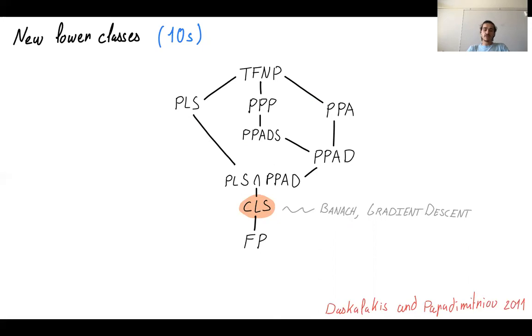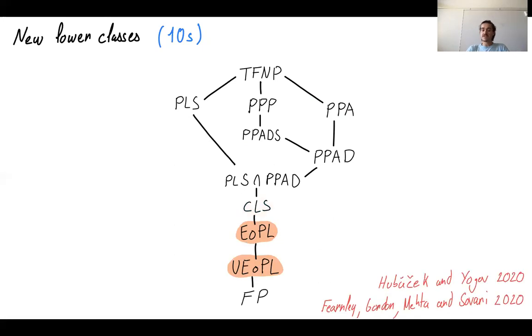So a bit later in 2011, Daskalakis, Papadimitriou, and others invented the class CLS for continuous local search, and basically put those two problems in this class. This was not super satisfactory because CLS is defined on arithmetic circuits, and it was not very clean.